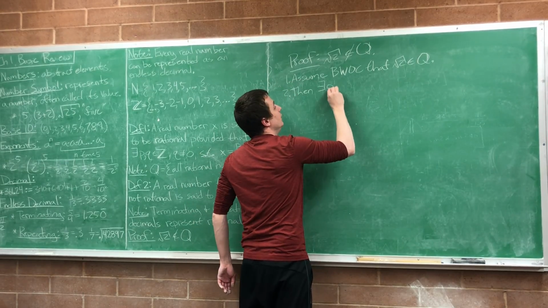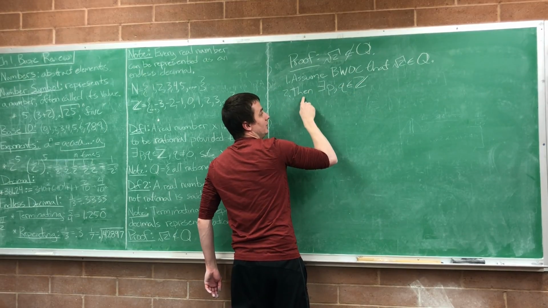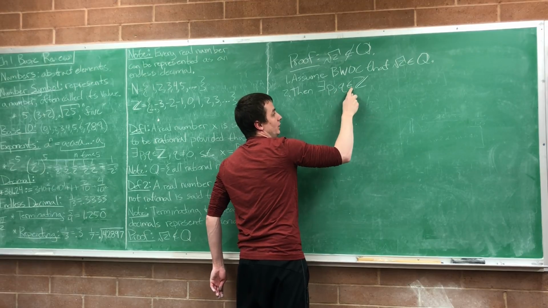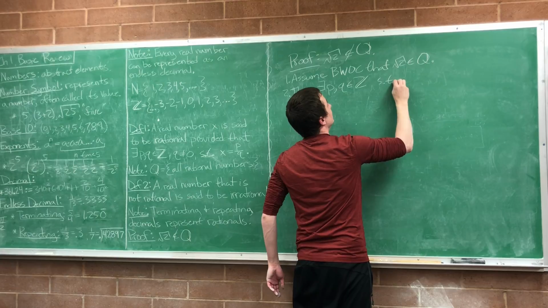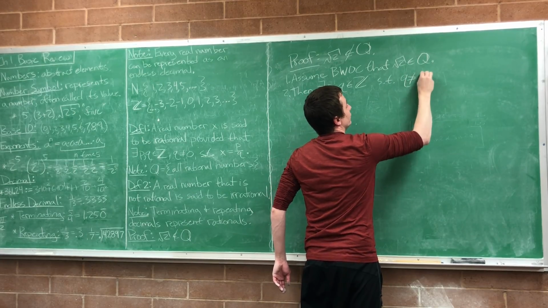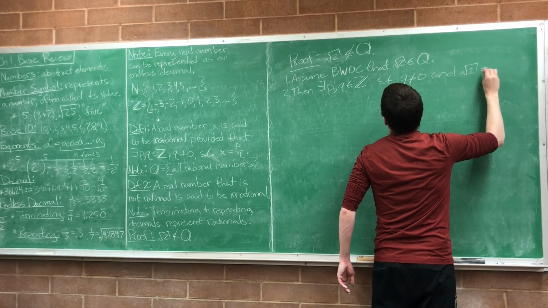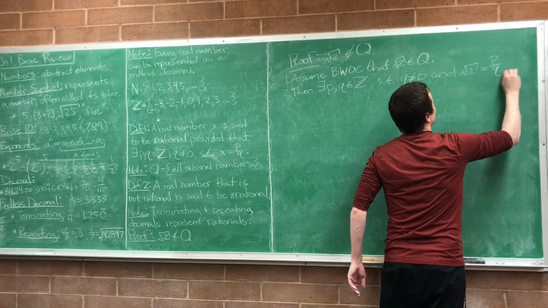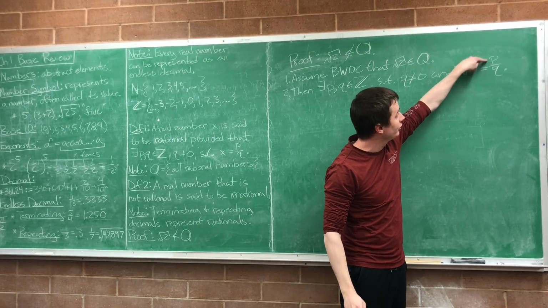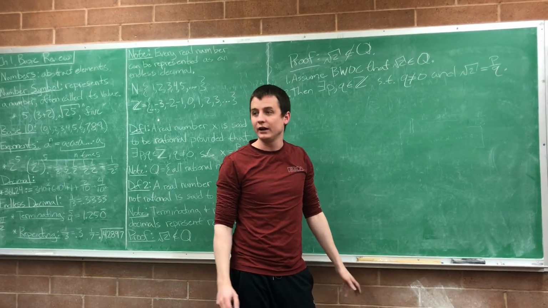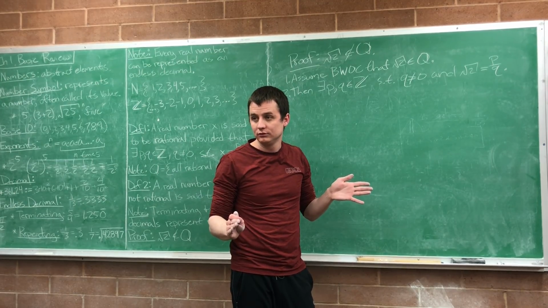P and Q. Then there exists P and Q in the integers such that Q is not equal to 0 and square root of 2 is equal to P over Q. If the square root of 2 were rational, then I could find two integers such that their quotient gives me the square root of 2, right? Yeah. And we're going to show that that's impossible. Okay. You with me?